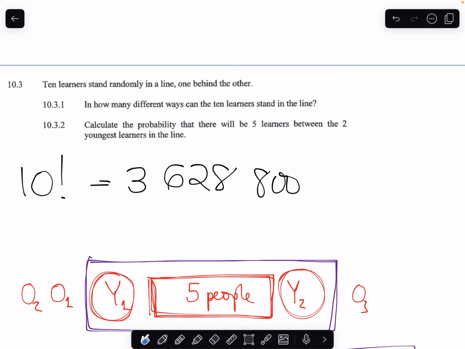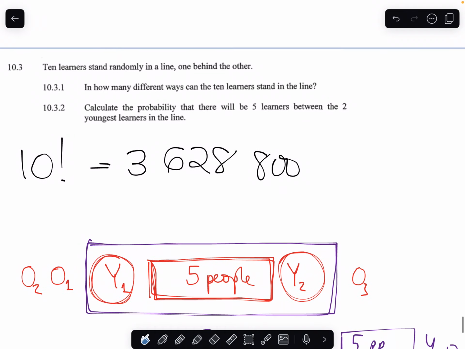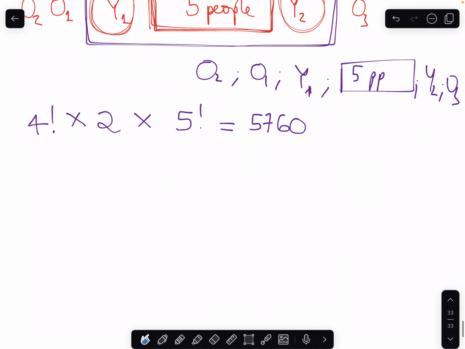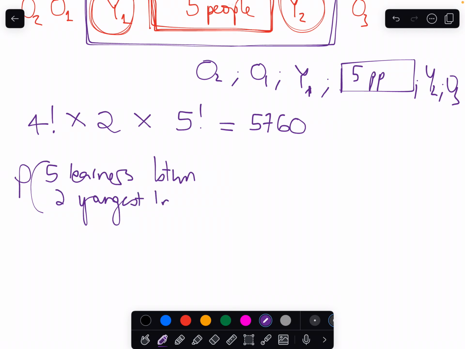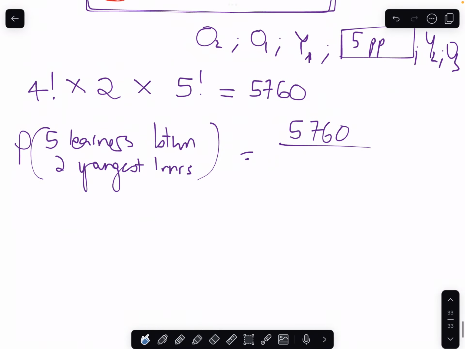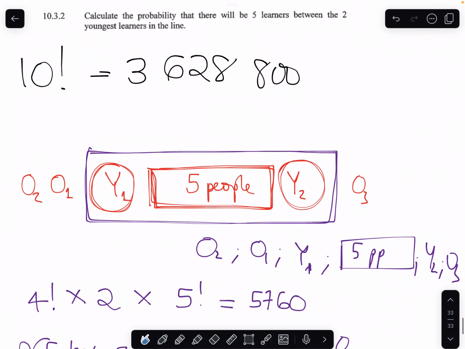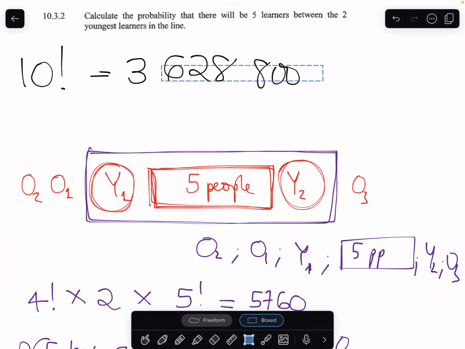Okay. Right, and we're looking for a probability. So the probability that there will be 5 learners between the 2 youngest learners is then 5,760 over that big millions. So it's not a very good chance, honestly. And I am not going to rewrite that number.